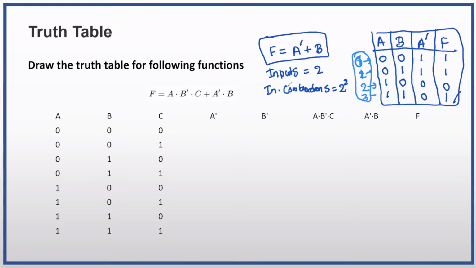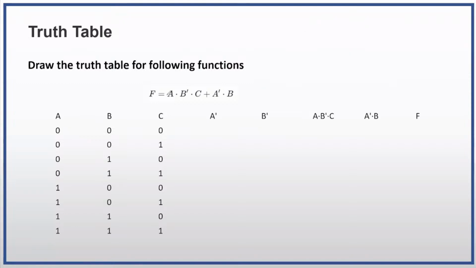Now you know there are three inputs A, B, and C. So you have 2 to the power 3 combinations, that means 8 combinations. You have to write them in order from 0, 1, 2, 3, 4, 5, 6, 7.